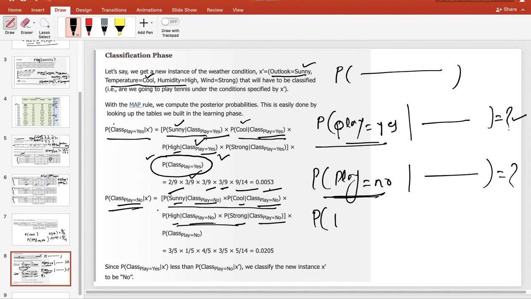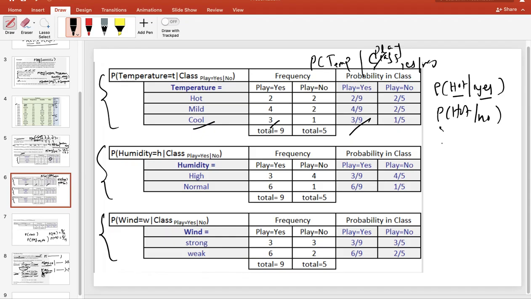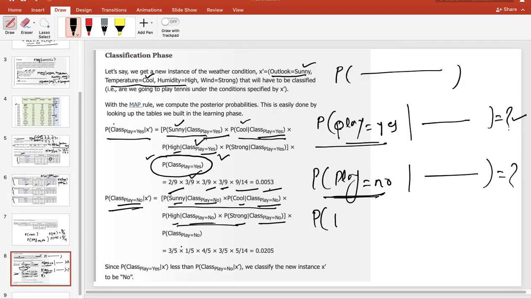We have already computed these values in the tables here, so you can get those values from there and put them in, and you will get this to be 0.0205. So now you can see out of these two probabilities, this is higher.